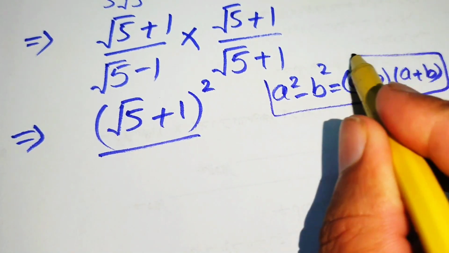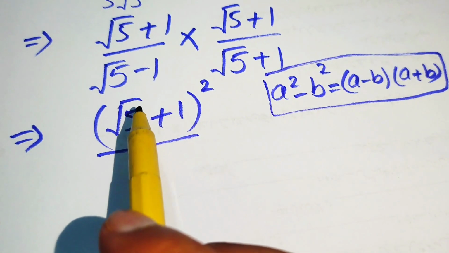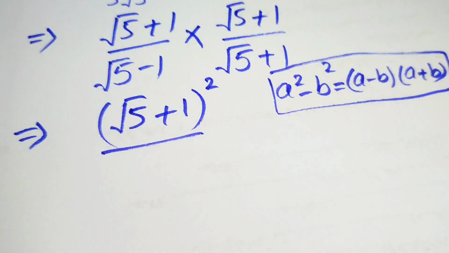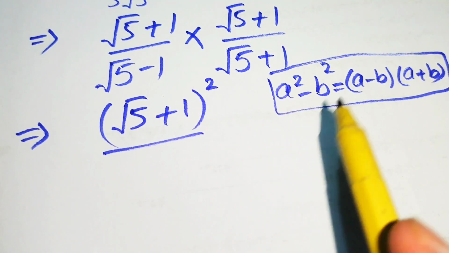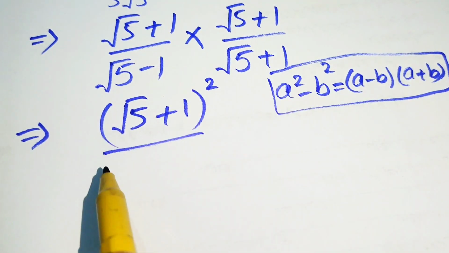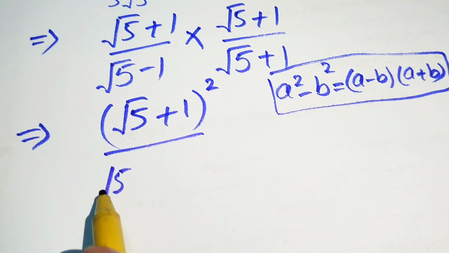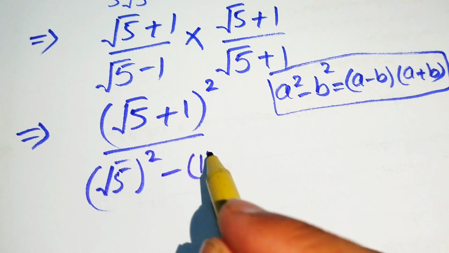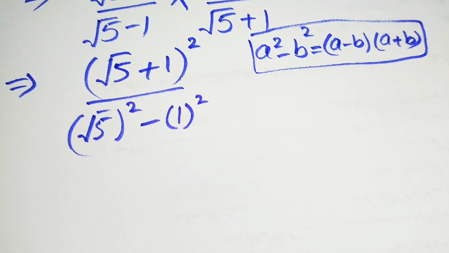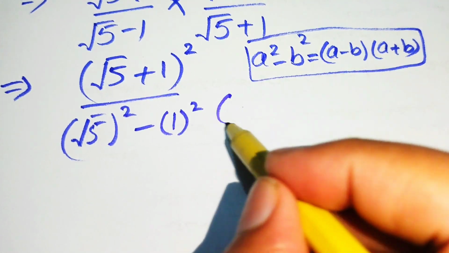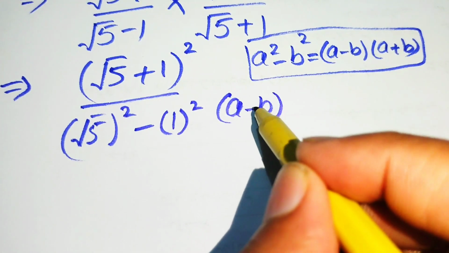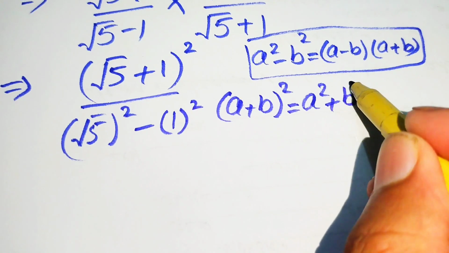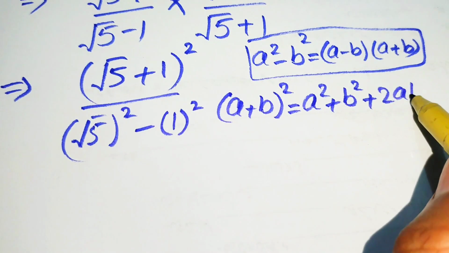We use this identity because we have (√5 − 1) into (√5 + 1). When we combine these two factors, we get (√5) whole square minus 1 square. In the upper term we use the other identity: (a + b) whole square equals a square plus b square plus 2ab.